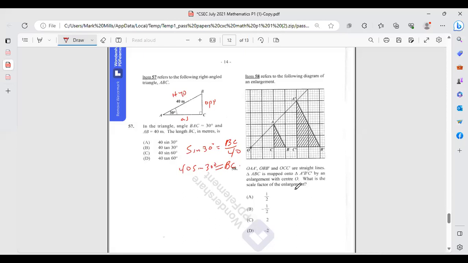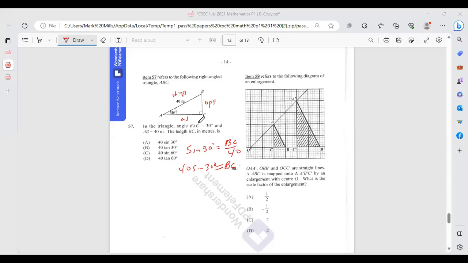They want to find a scale factor. Anybody have to find a scale factor? Okay, somebody says no, unable to see the question. Michaela, which question are you referring to? Oh, 57. All right.